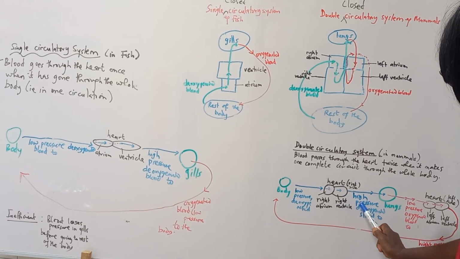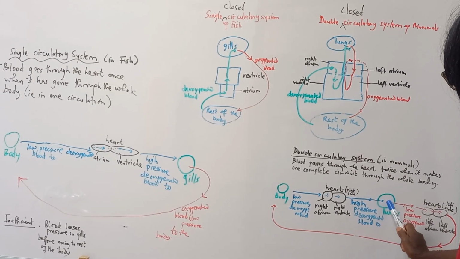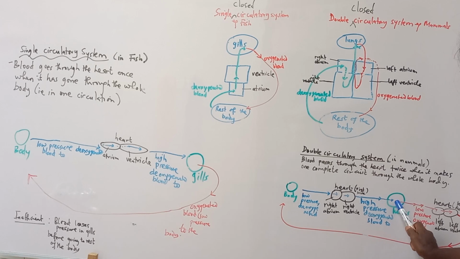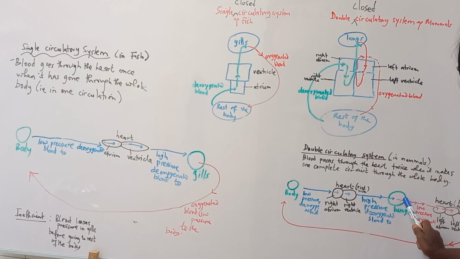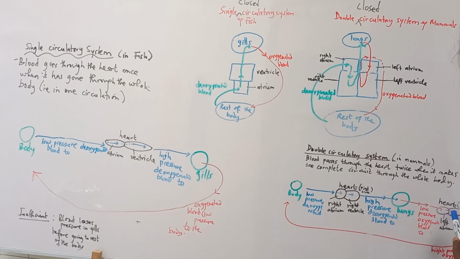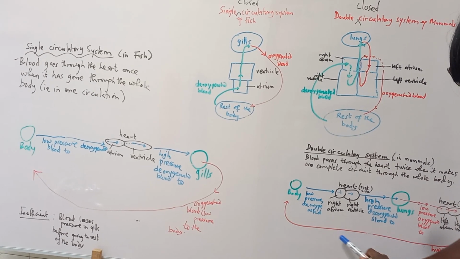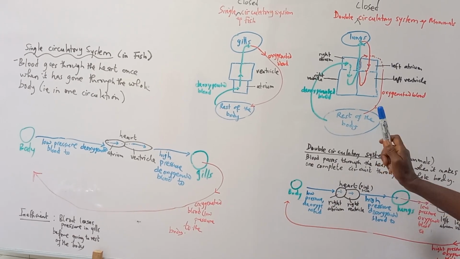So high pressure, deoxygenated blood goes to the lungs, and in the lungs the blood is oxygenated but becomes low pressure, so low pressure oxygenated blood goes back to the heart so that it will be pumped with pressure before it goes to the whole body. Very neat. This is double circulatory system, and that is it.